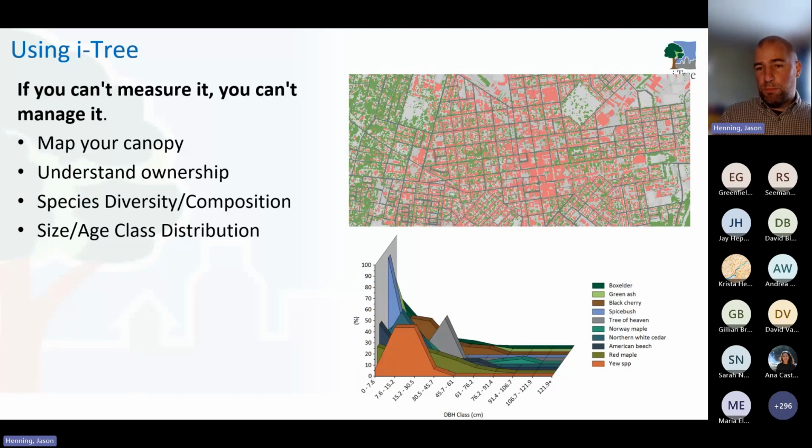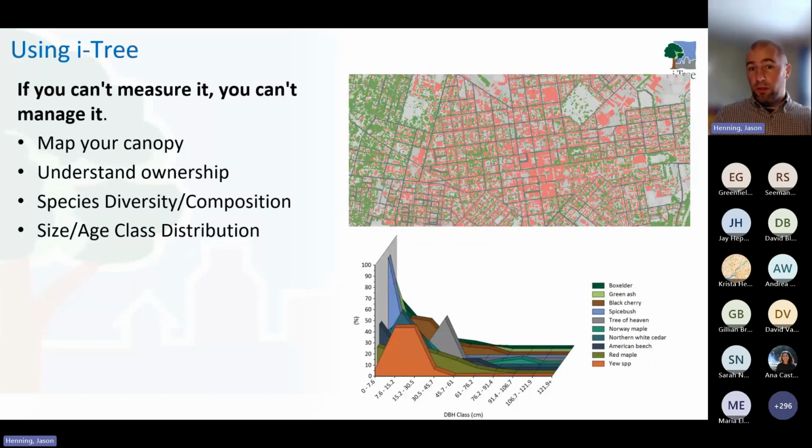We can dive into things like species diversity. More diverse species populations are going to be more sustainable and more resilient to things like pests and disease and climate change. We can also look at things like species size and age class distributions. Do you have a lot of small stature trees providing relatively small benefits? How do you go from there to larger stature trees providing larger benefits?